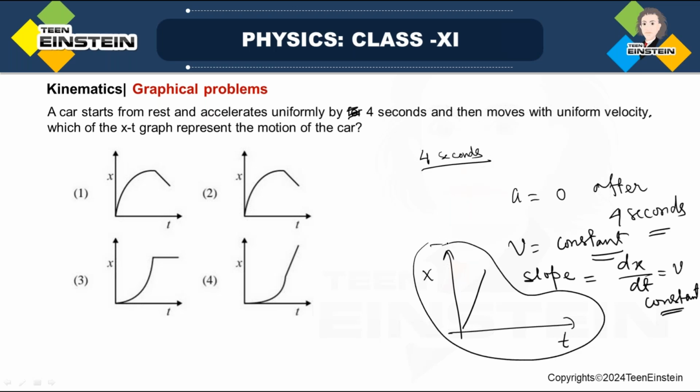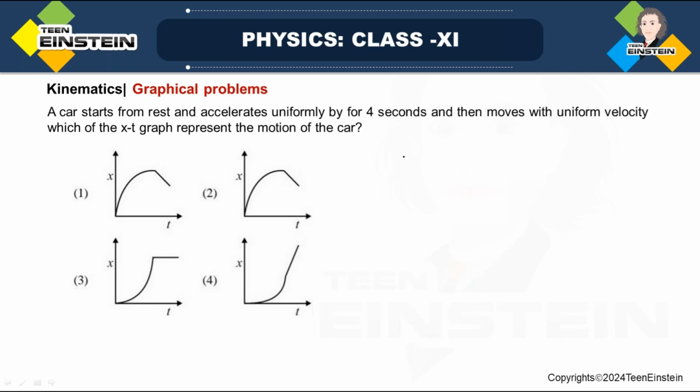But if there is an acceleration in the motion of the body, like in this case from 0 to 4 seconds, it is accelerated with a constant or uniform acceleration. Whenever there is a constant acceleration, see here, this question is actually the graph between position and time.